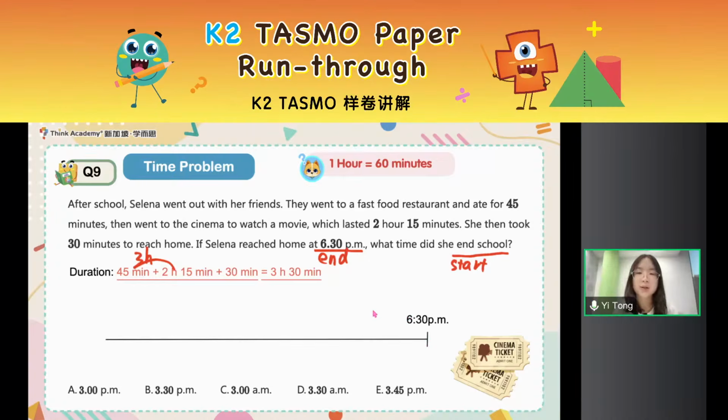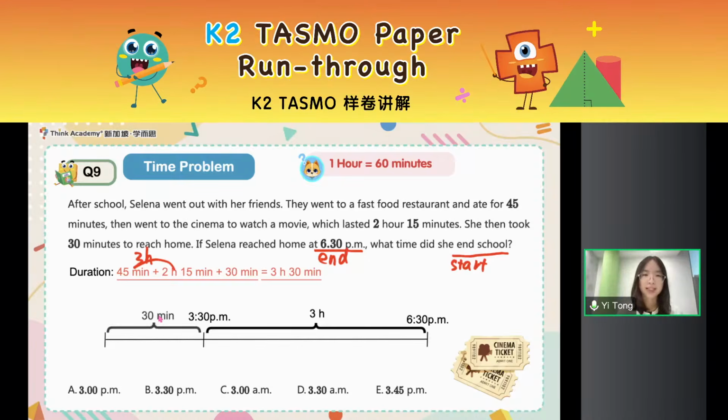Right, so 6 hours, we can minus 3 hours first. What time do we get? 3:30. All right, so our first time point is 3:30 p.m. Then we still need to move backward how many minutes? 30 minutes, right? So backwards 30 minutes, we still minus, and we get 3 p.m. Now, which one is my answer? Is my answer C? That's also 3.